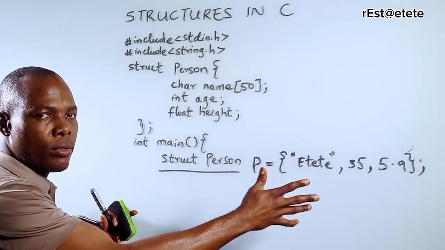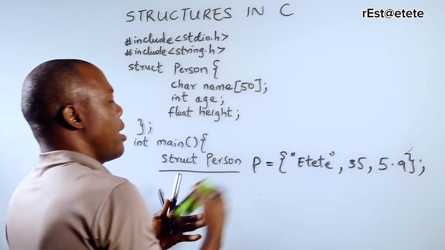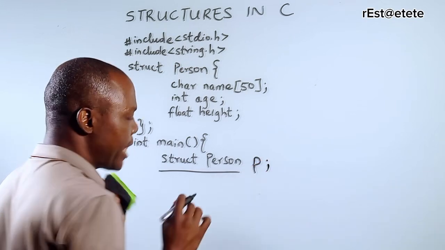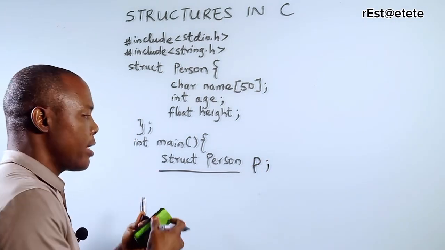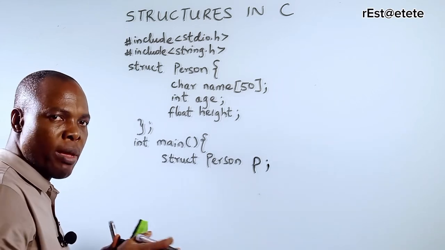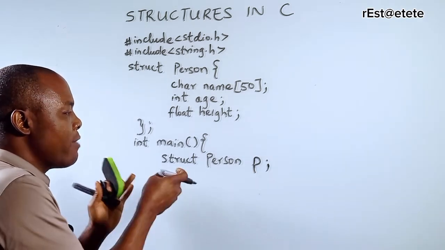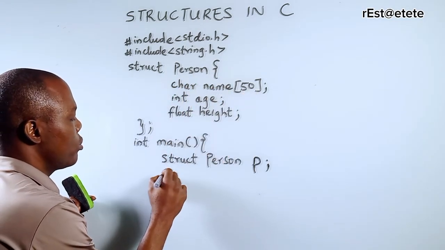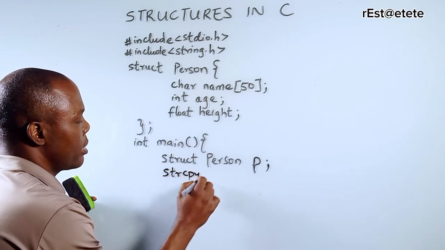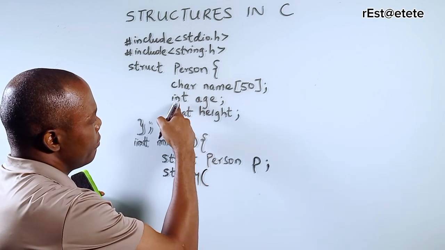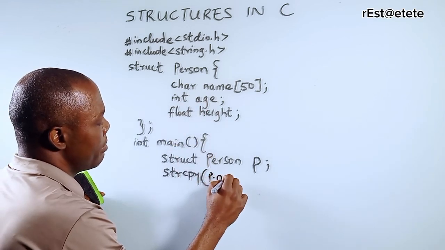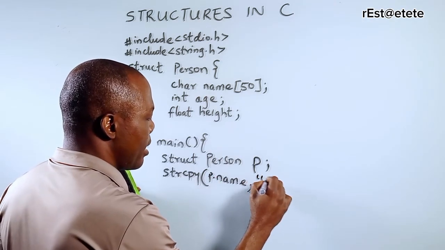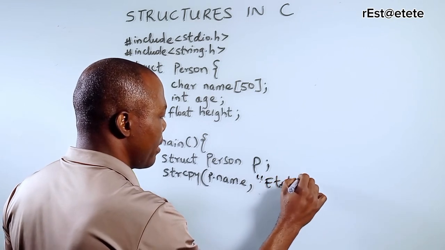And then I can print it out on the screen. Or I will simply leave it like this. I will declare it like this and then initialize it later. So I have created the object, which is the physical object, which is P. Now, if I want to initialize these values, for this name, I'm going to use my strcpy, that is string copy, P name, comma, and then etete.